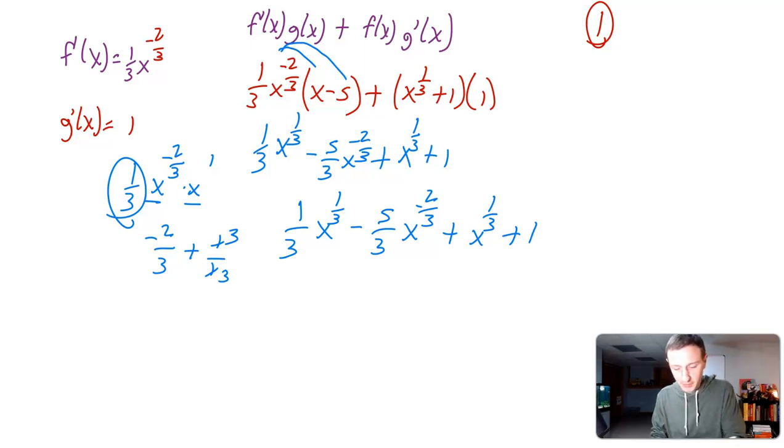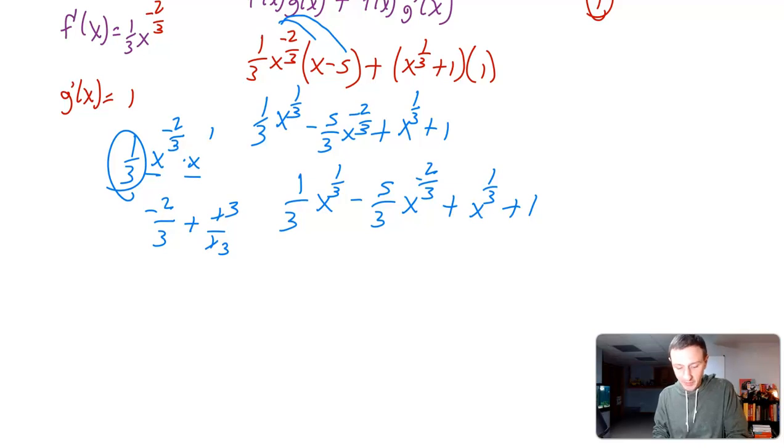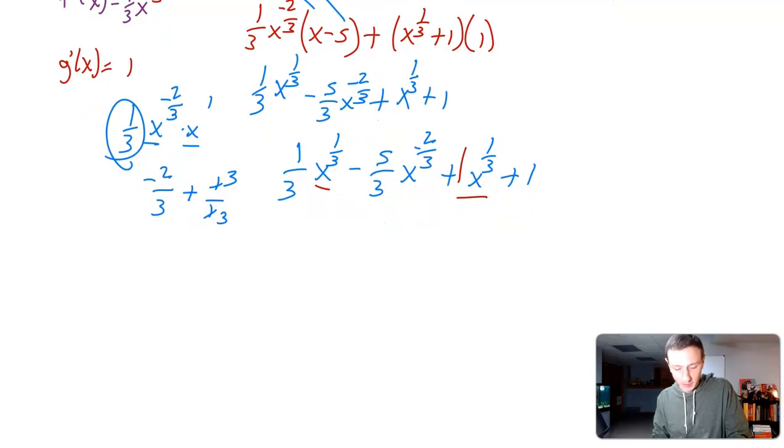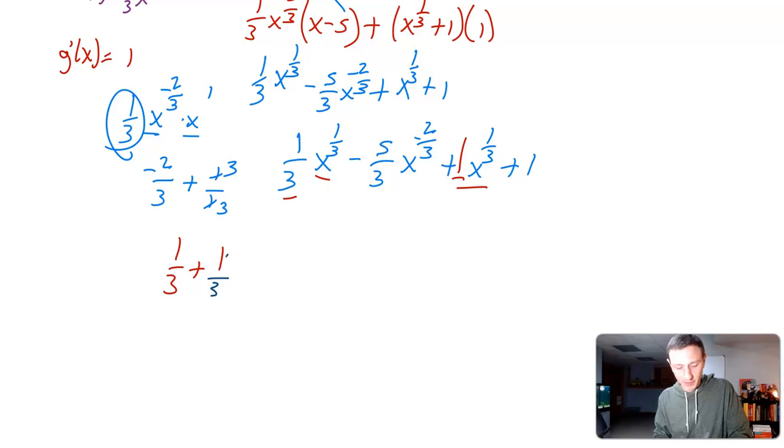But we can do some simplifying here. I have an x to the 1/3 and x to the 1/3, so I do want to combine those. So I'm going to combine the coefficient of 1/3 and 1. So I'm doing 1/3 plus 1, 3/3, so this is going to be 4/3.